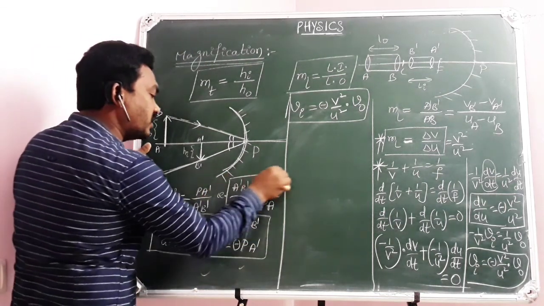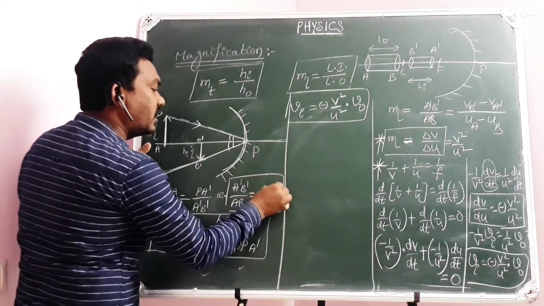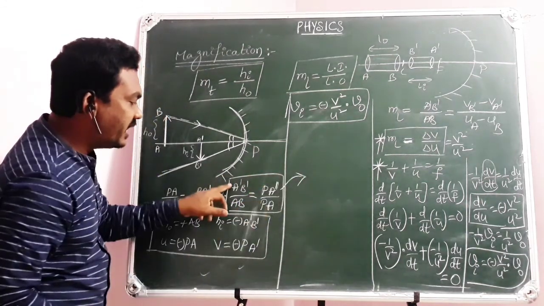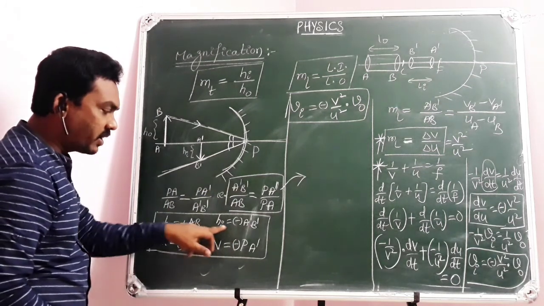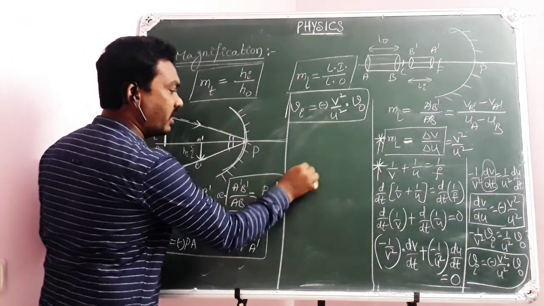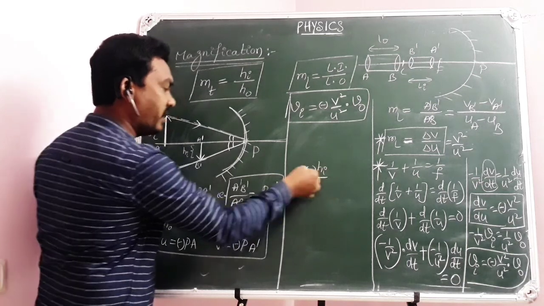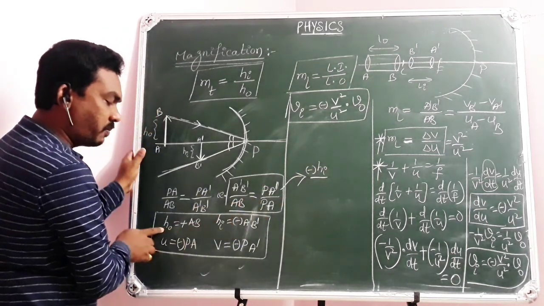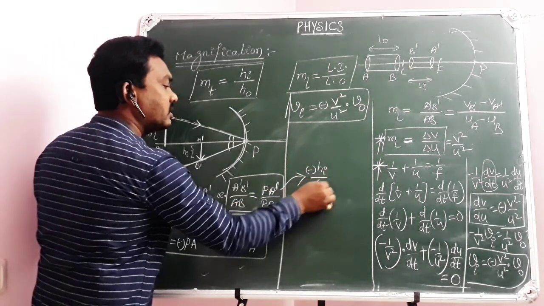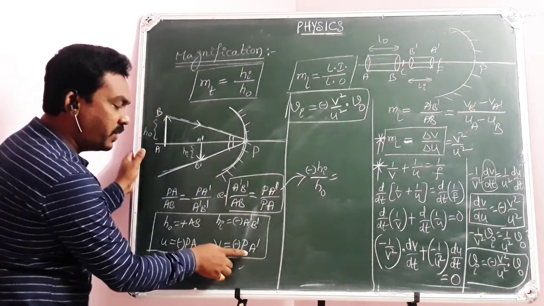Now you take this equation and substitute the related values. A'B' I can write as minus HI, AB I can write as plus HO, equal to PA'.